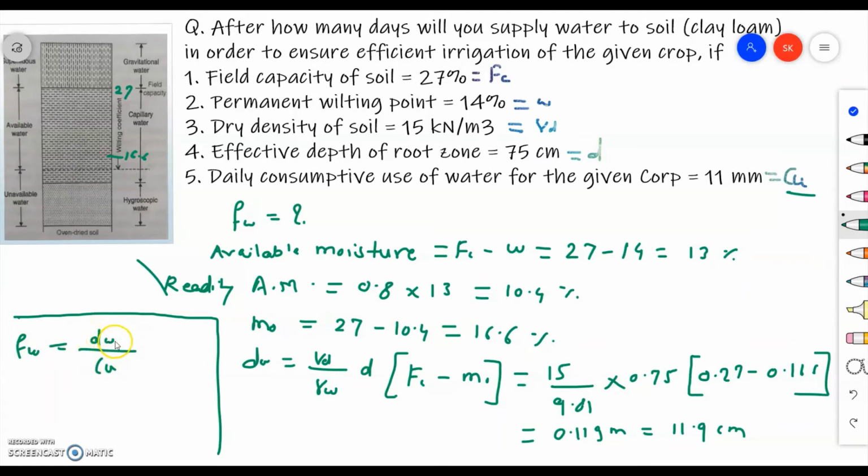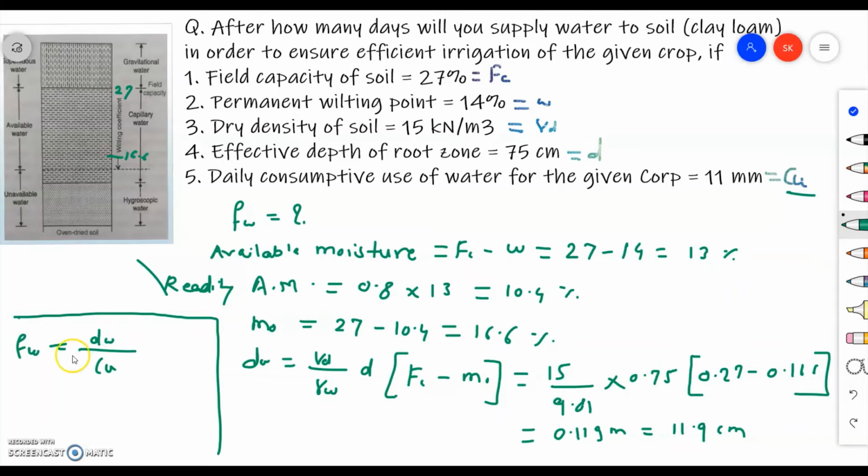Because dW is the water stored in the root zone, divided by consumptive use, which is nothing but the transpiration and evaporation losses. If we divide by these losses, we will come to know how frequently we should irrigate, so that we can maintain the moisture level required by the plant.